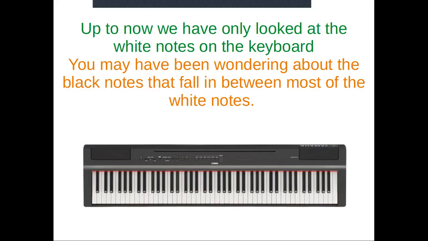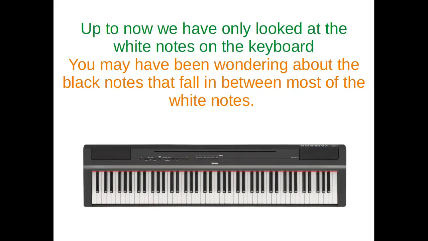Up to now, we have only looked at the white notes on the keyboard. You may have been wondering about the black notes that fall in between most of the white notes. Now, if you look at the keyboard below, you'll see that there's a lot of white notes, and then at the top, the smaller notes are the black notes, and you'll notice that they actually are placed in between the white notes, in between most of the white notes, but not all of the white notes.